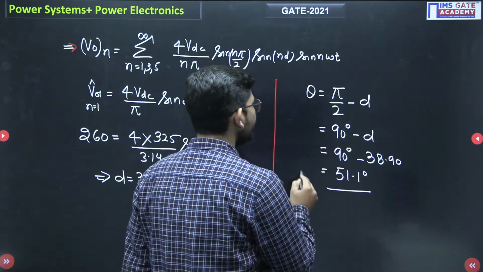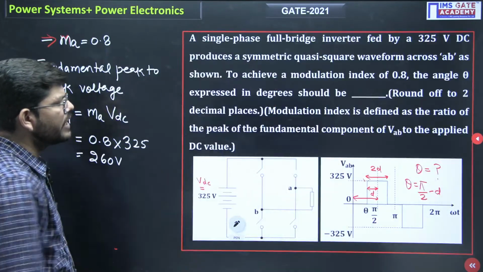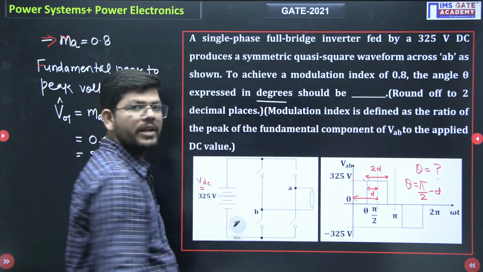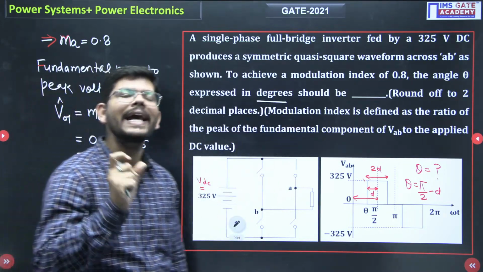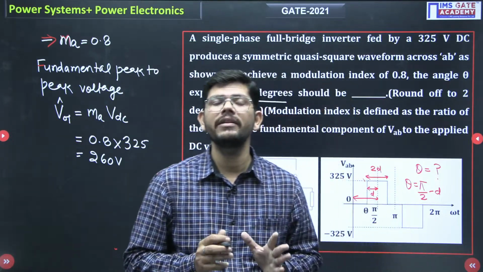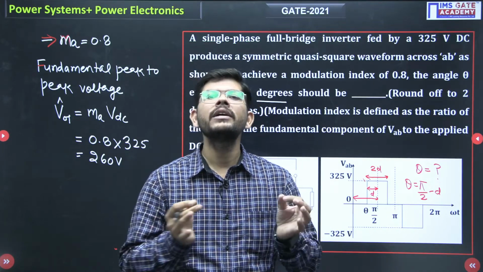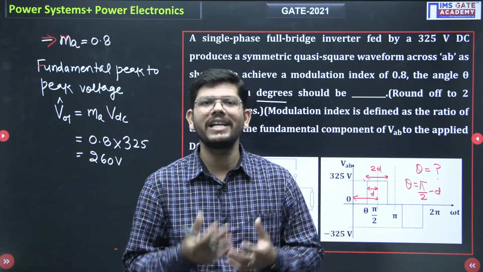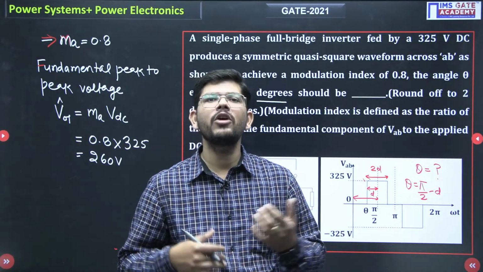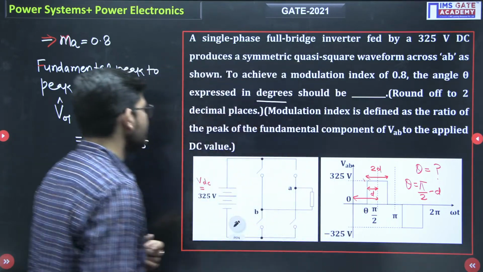So that will be the value of theta, which will be the answer. Now, do we have to answer in degrees? Yes, we have to answer in degrees, not in radians. Whenever we are calculating an angle, always take care whether we have to calculate in degrees or find the answer in radians. Here fortunately we have to find the answer in degrees, so we will not be converting this degree into radian. Otherwise some extra effort would be needed.